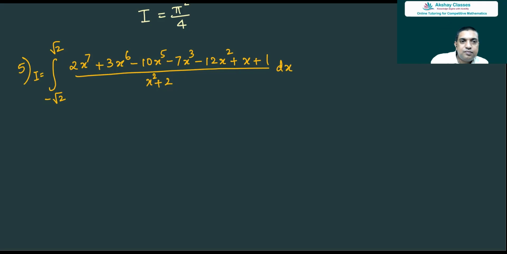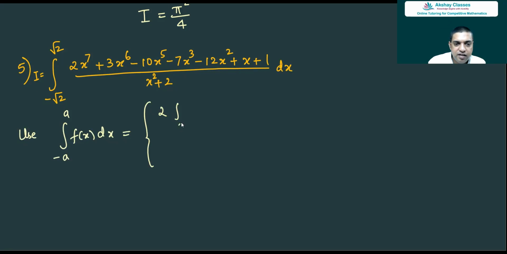Now, what do you do in this? Use integral minus a to a f of x dx is equal to twice integral 0 to a f of x dx if f is even, and this is equal to 0 if f is odd.